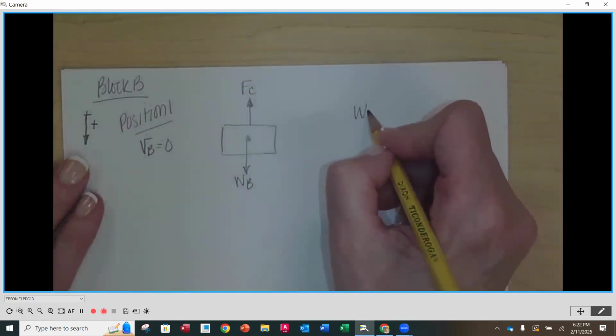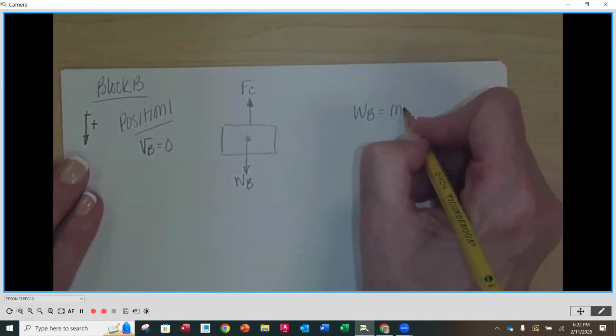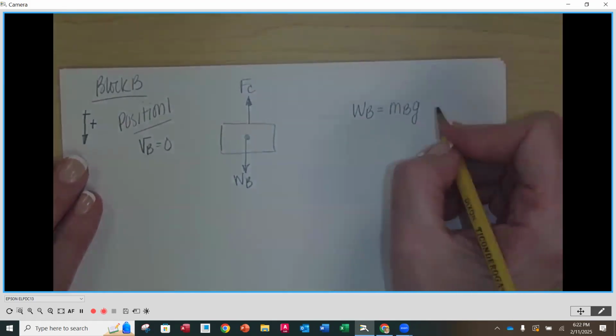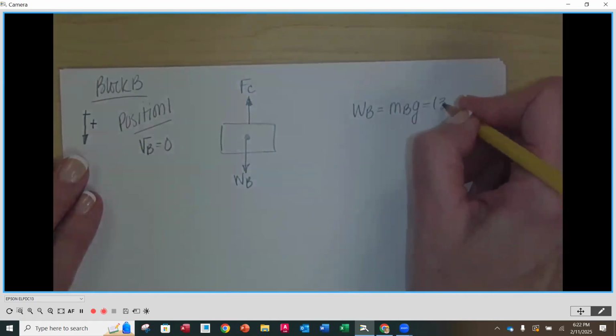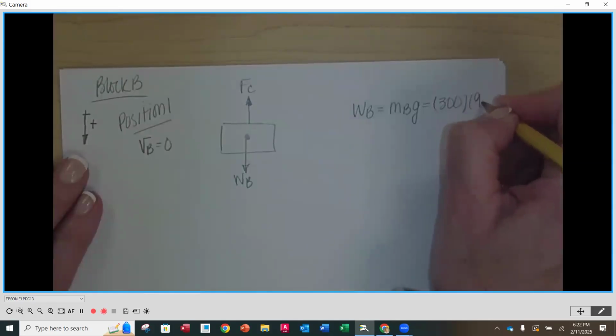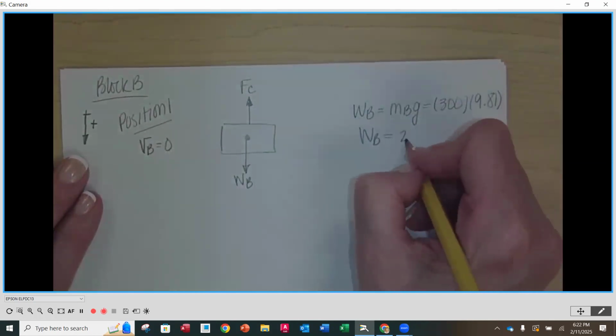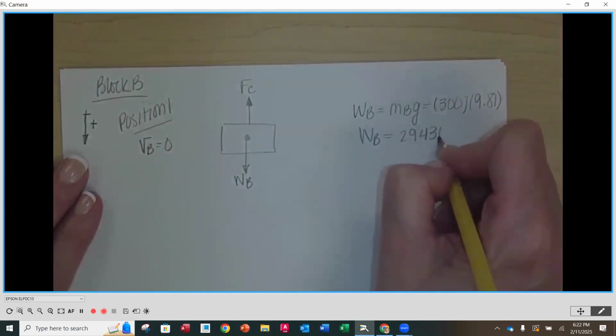Might as well do it right away as long as we're here. It's going to be the mass of B times gravity, which we know is equal to 300 times 9.81. So our WB is 2943 newtons.